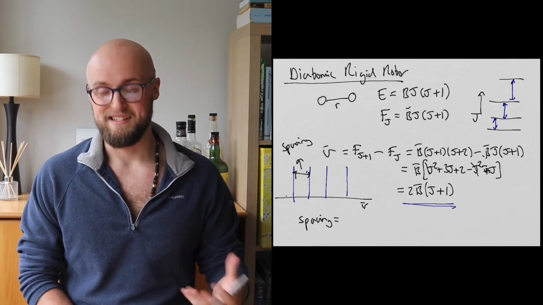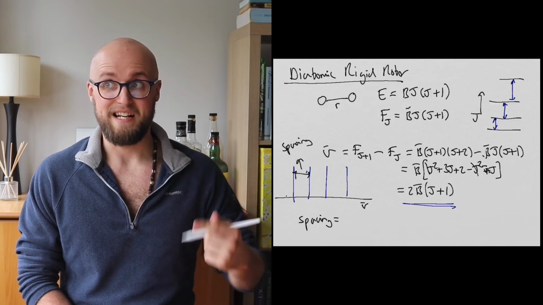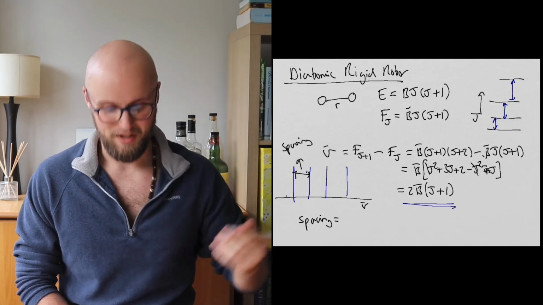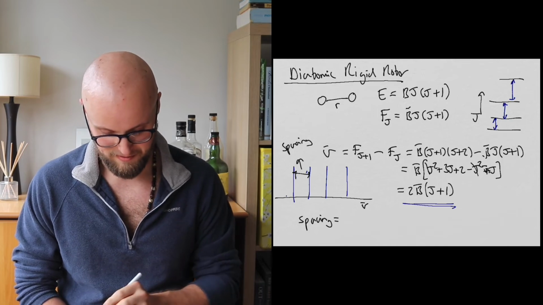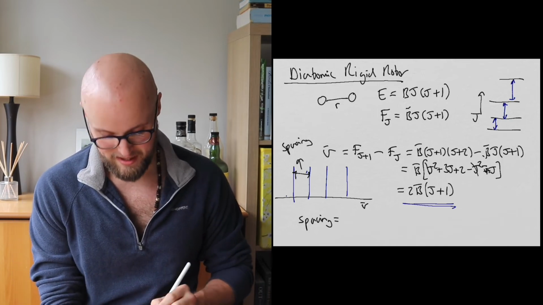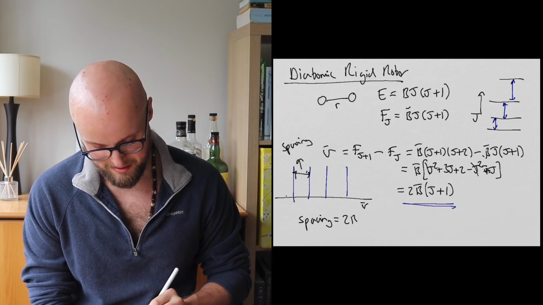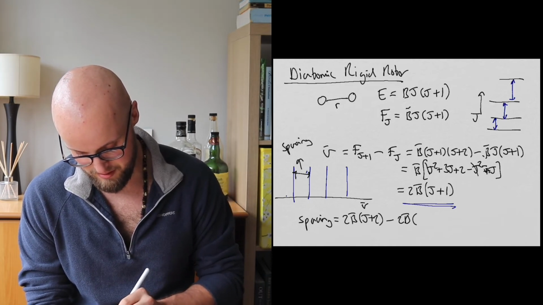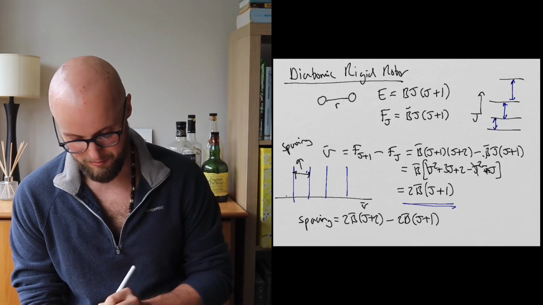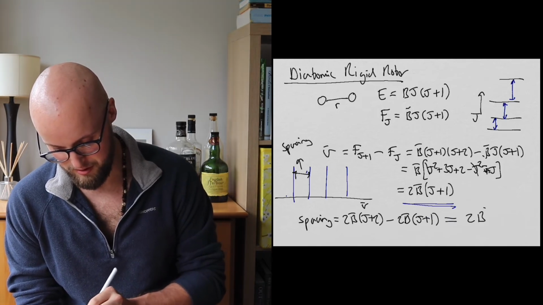In this case the adjacent lines are J+1 and J+2. We can just use what we've worked out for the energy of a line. So that's going to be 2B(J+2) minus 2B(J+1), which if you work it out comes out to be 2B.